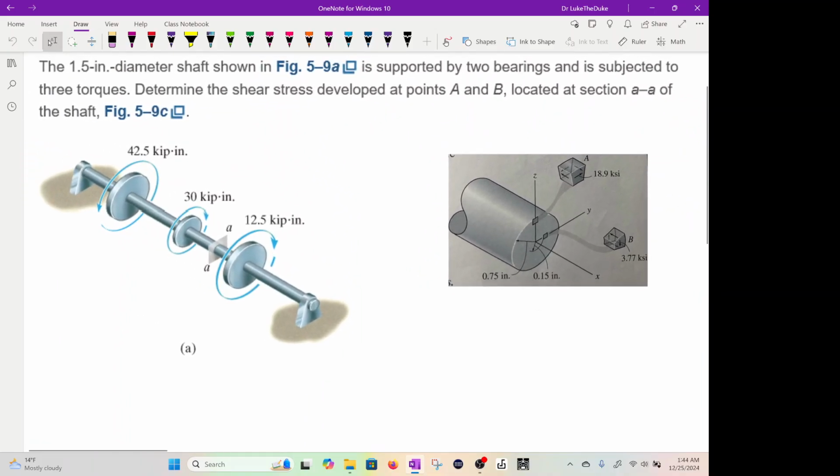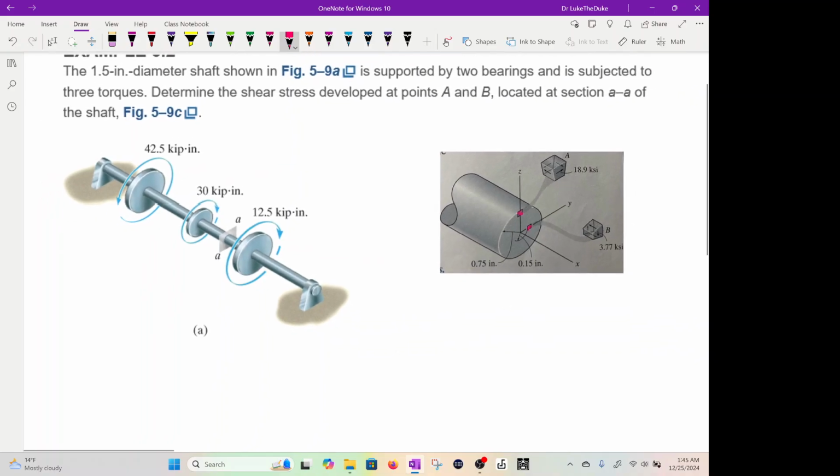Okay, let me zoom in here. A, which is on the outside radius. Okay, let me do red. And then some distance away, B, which is out here. Okay.